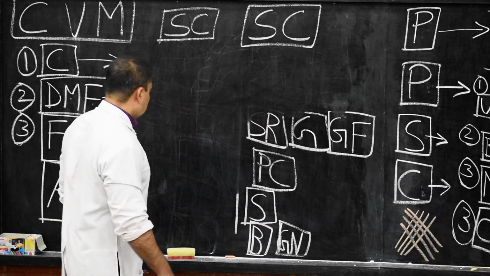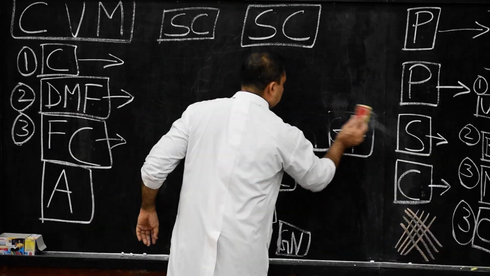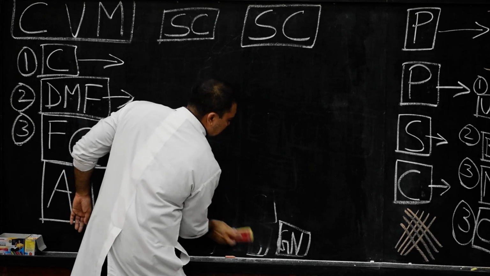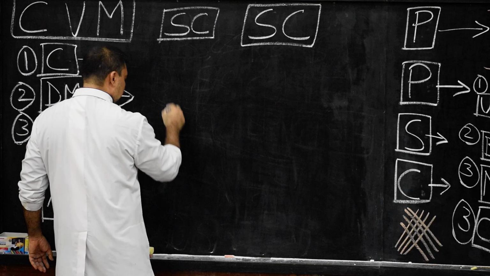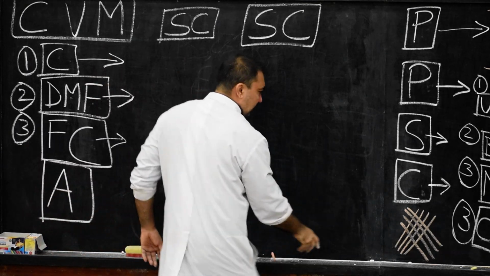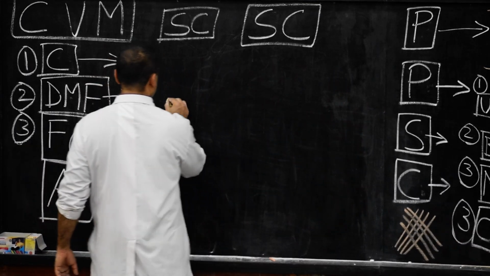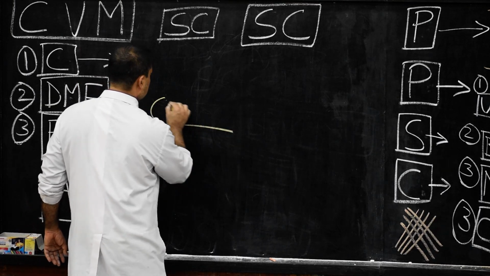Now if we draw a basic simple line diagram where we show these two components, I'll take yellow color and show this bone.